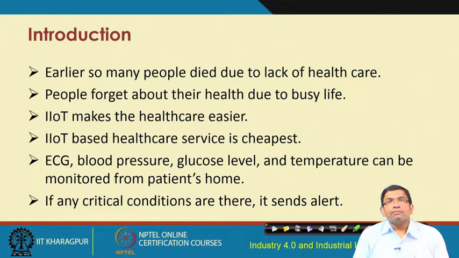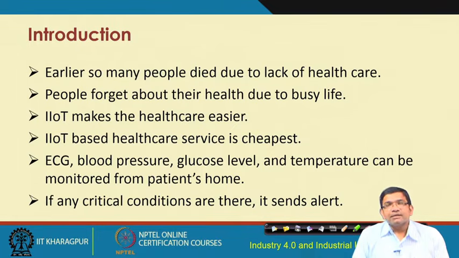However, we have our IoT solutions, we have our IIoT solutions that could be used to alleviate some of the problems encountered by people with respect to health. IIoT solutions can help in making healthcare easier, affordable and so on.